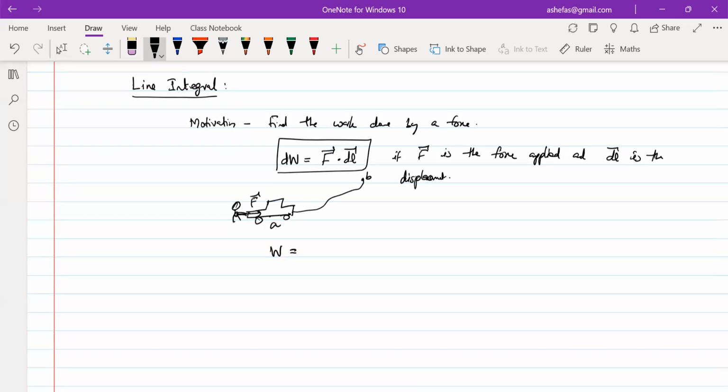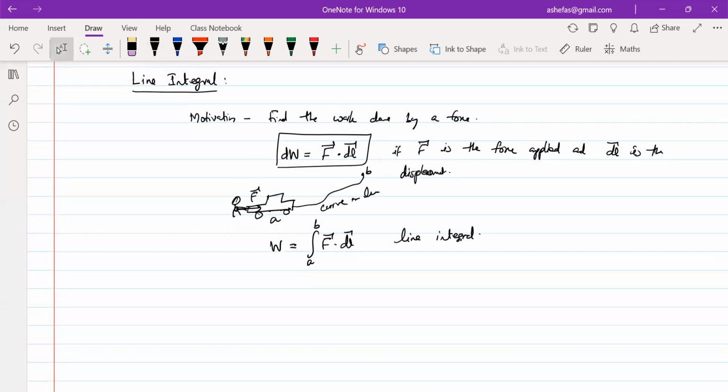So total work we can find by integrating F dot dl throughout this line. Okay, so here I have to integrate F dot dl through this curve. So such kind of integration is called line integration or line integral.